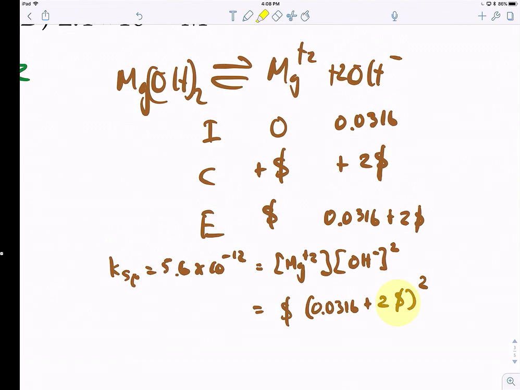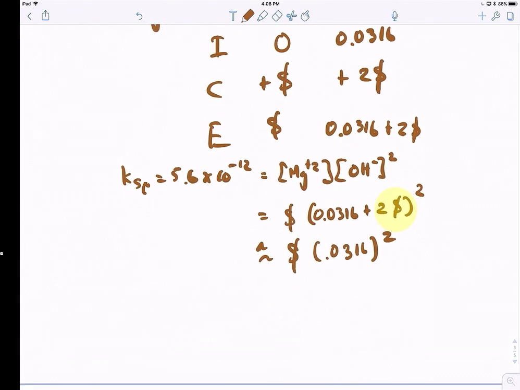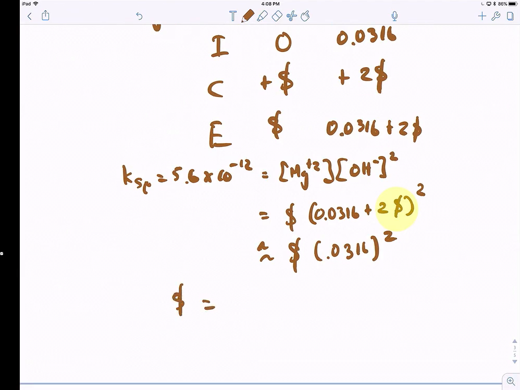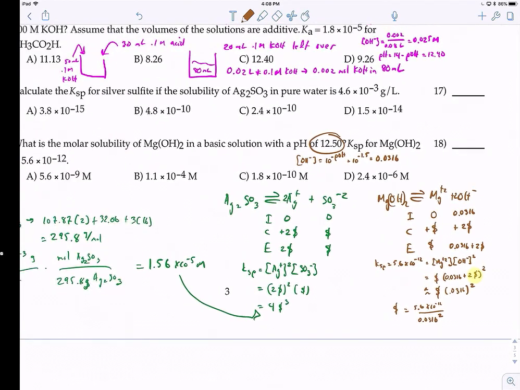So again, you can discount that 2s. So that means our molar solubility is whatever that number is. It's probably C, I think.